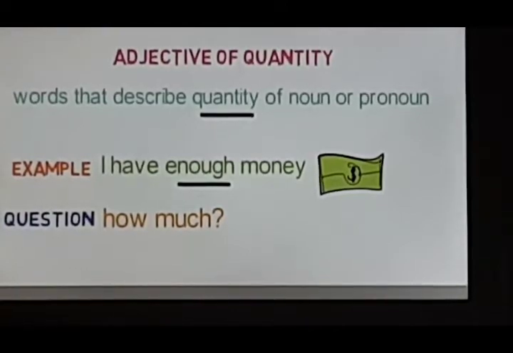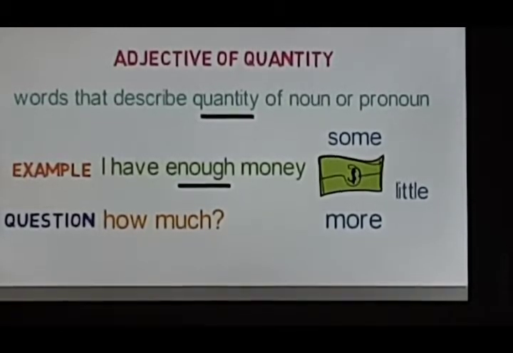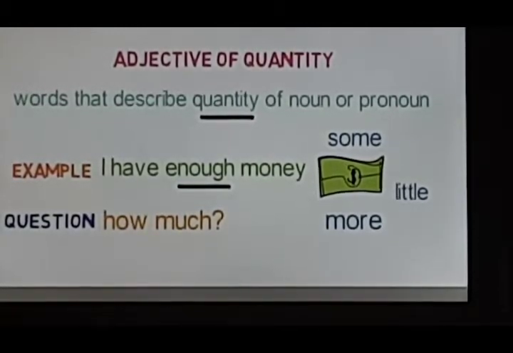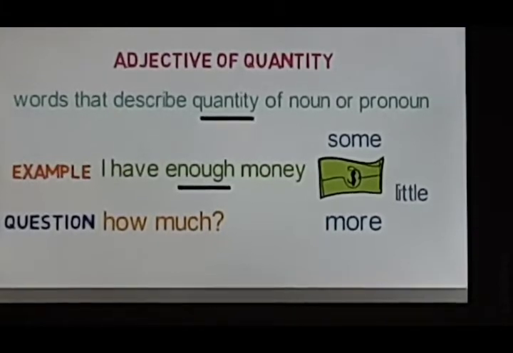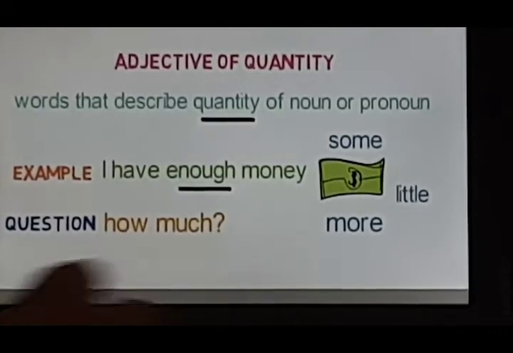Words like enough, a lot of, some, little, more, all these words are adjectives of quantity. So words that describe quantity of noun or pronoun are adjectives of quantity, and they answer the question how much.